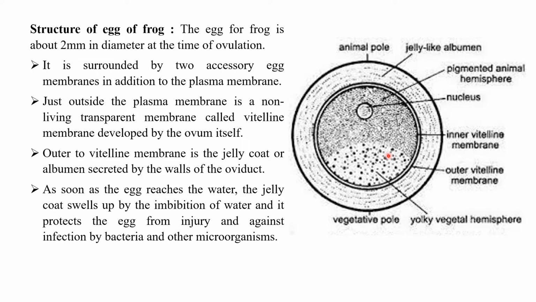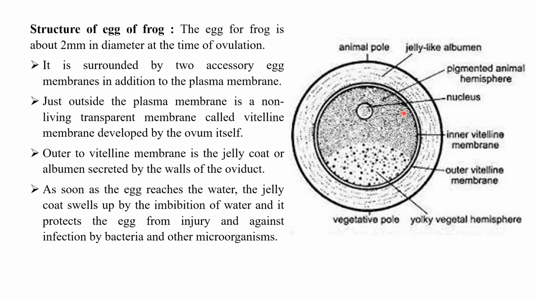So you can see here there is a membrane called vitelline membrane. And this vitelline membrane is the one which is present just outside the plasma membrane of the ovum.